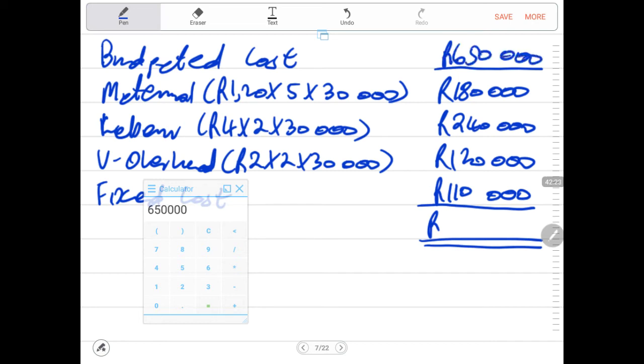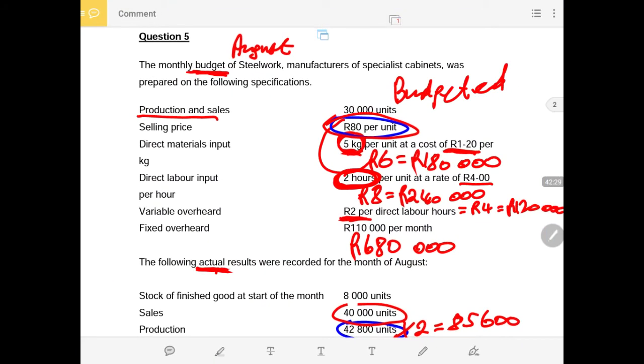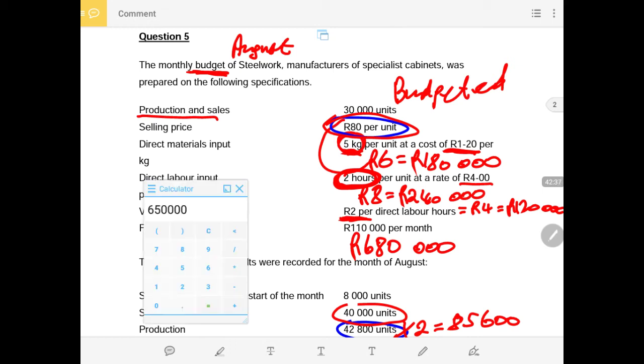It is 650,000, not 680,000 as I mistakenly have done. We have 110, 120, 180 and 240. So that will be our total. 110 plus 120 plus 240 plus 180.